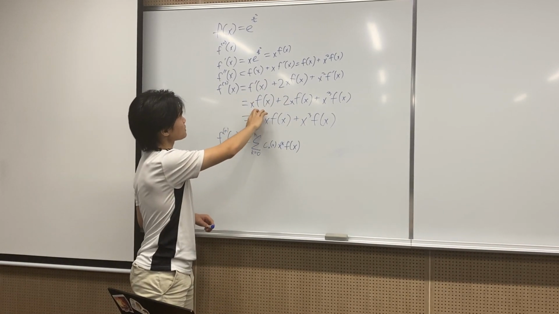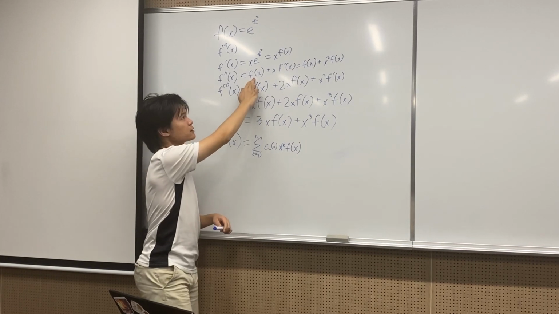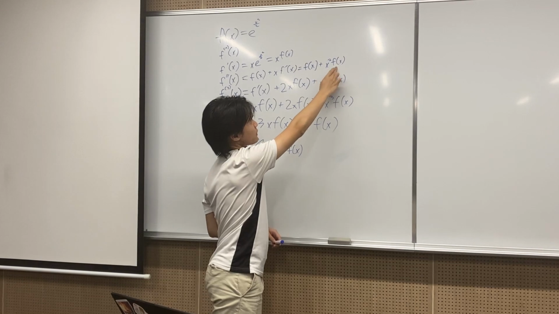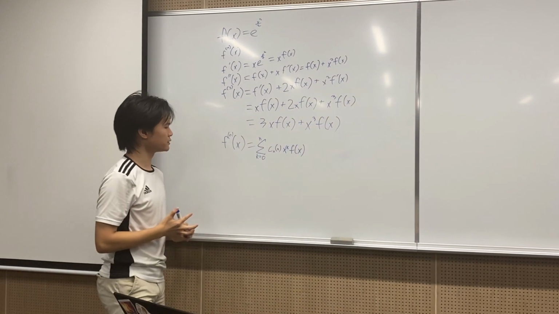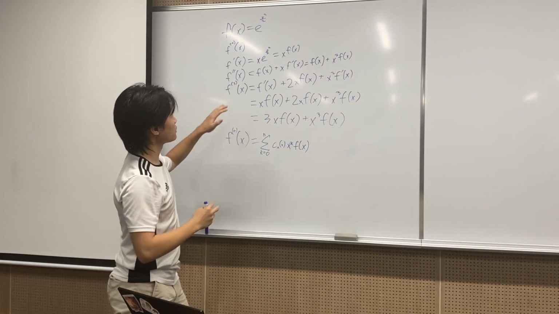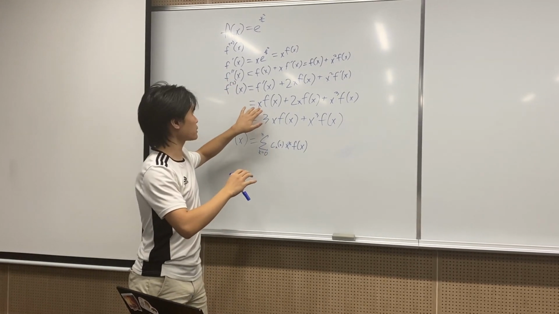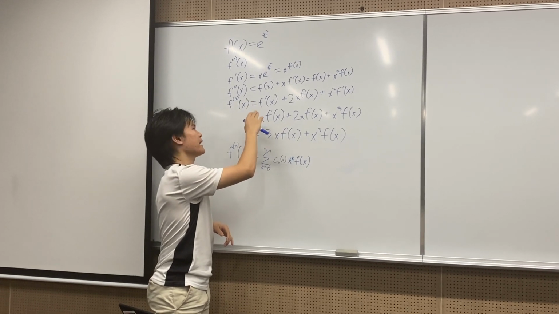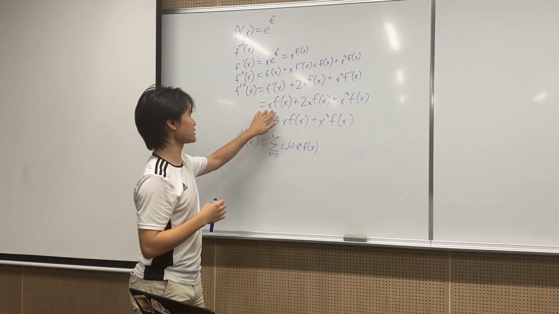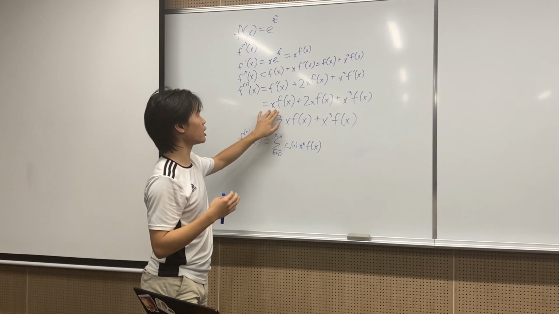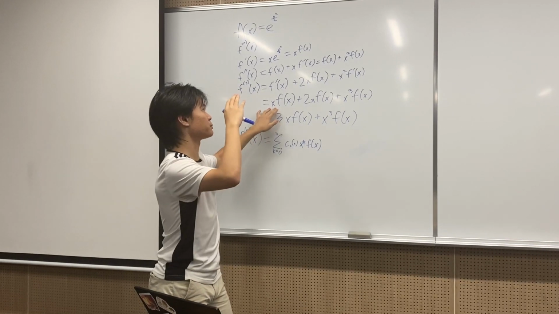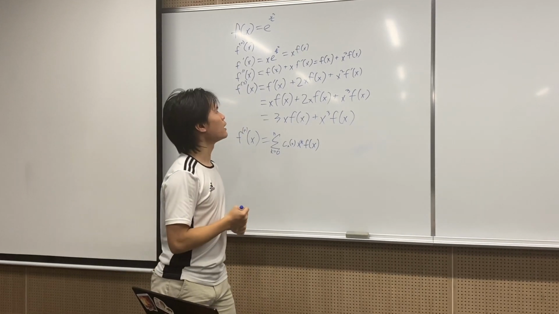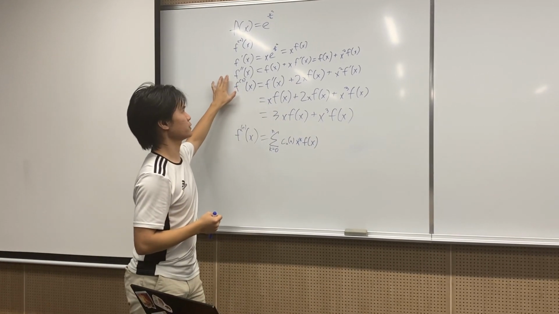The x f of x came from the f of x, and the 2x f of x came from the x squared f of x. And from there we can see that any exponent of x term is going to come from the one immediately preceding it and immediately succeeding it from the previous order derivative.